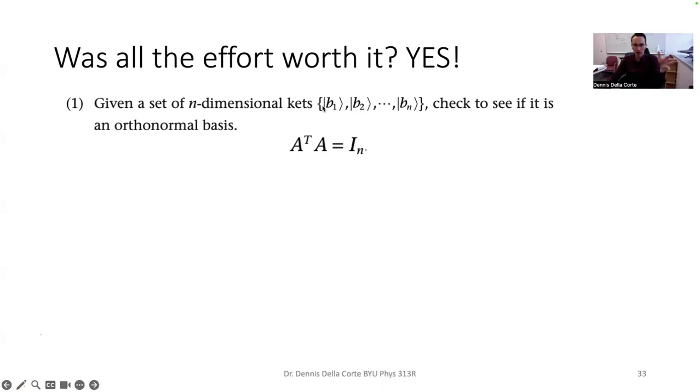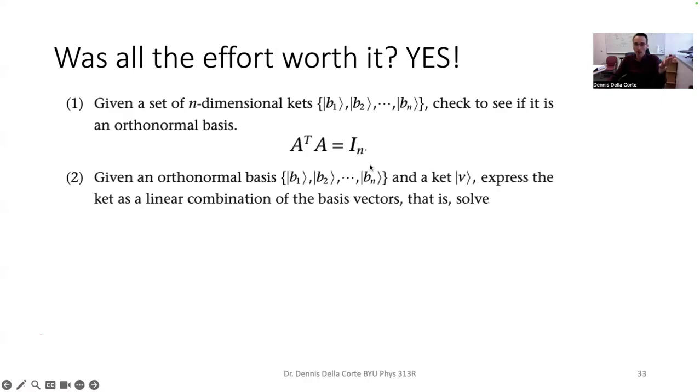Then take this transpose, the bra vector matrix, times the ket vector matrix. And if you get an identity matrix to come out, you are able to check that we have an orthonormal basis. Very cool.